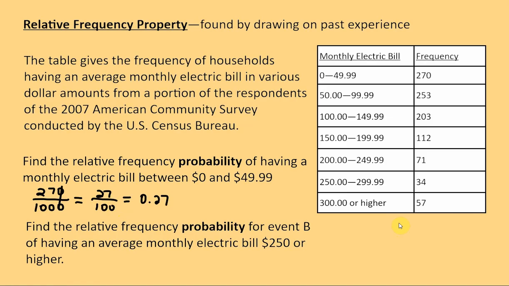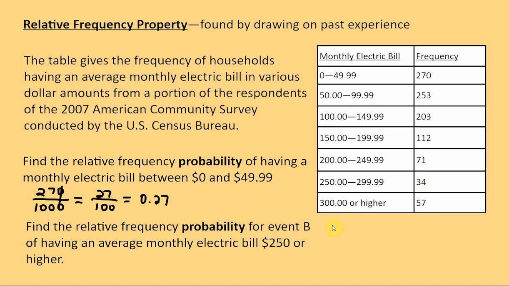Find the relative frequency probability for event B of having an average monthly electric bill of $250 or higher. Okay, so this row is people that have a monthly electric bill of $250 to $299.99, and then this next one is $300 or higher. So we're going to take both of those frequencies because or, remember, it includes both of them.